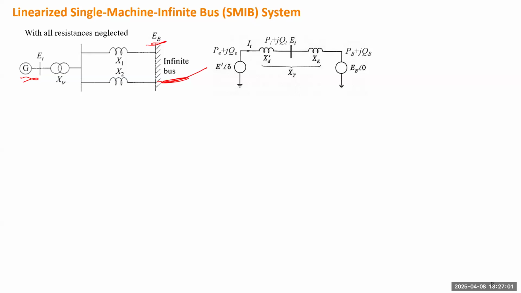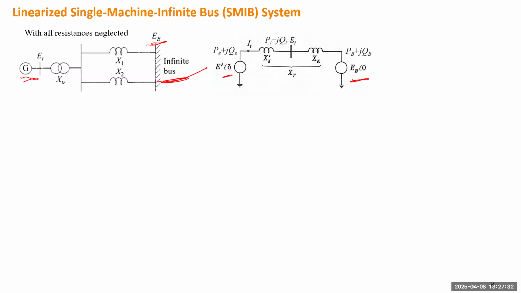If you create a circuit model, on both sides you can put a voltage source. If we use the infinite bus as a reference, so that we call that angle 0, then the generator will have angle delta. E prime here is just the transient voltage, which is the same as the E prime we defined in the generator modeling session.